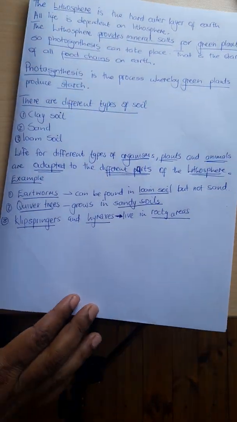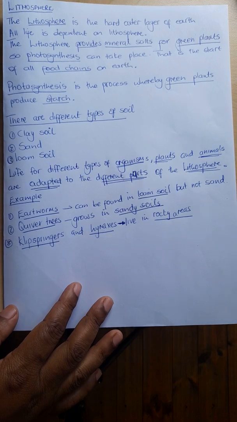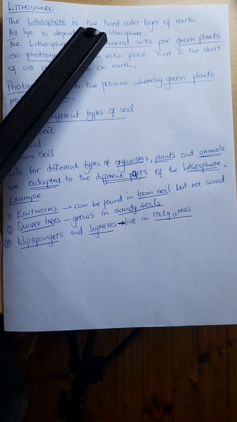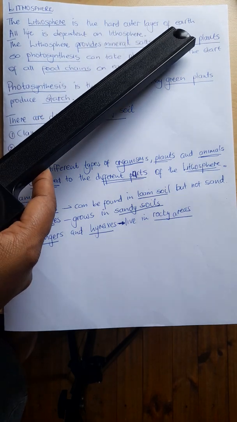Now let's go to the second part, where we look at each sphere one by one. We have covered biosphere, so now we go to lithosphere. The lithosphere is the hard outer layer of earth, the land or the ground.